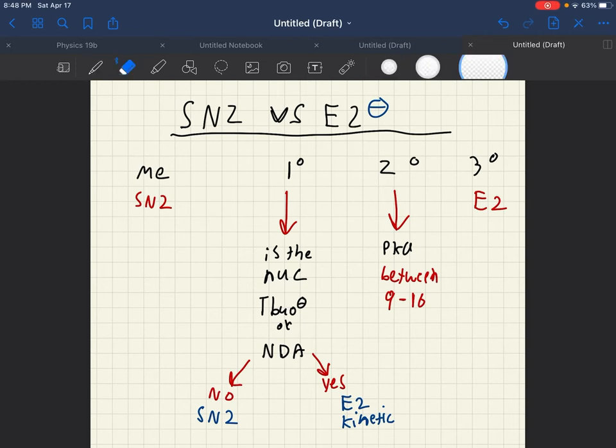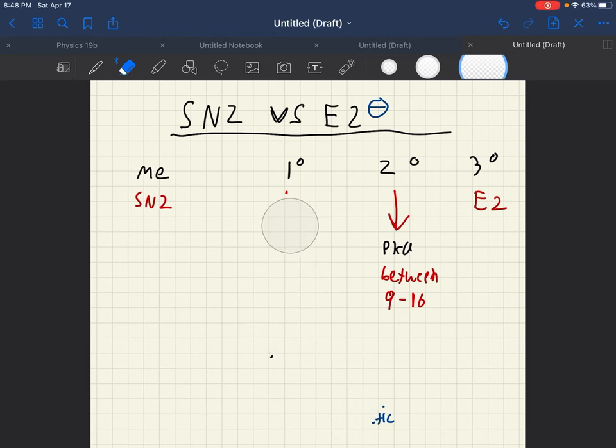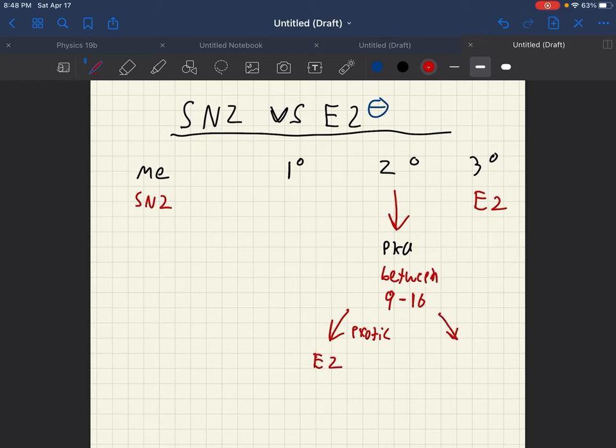So what is the solvent? If the solvent is protic, it's going to go E2. And if the solvent is aprotic, it's going to go SN2.